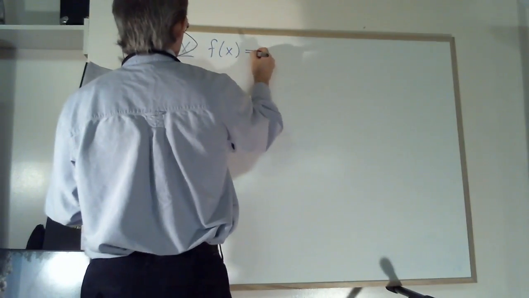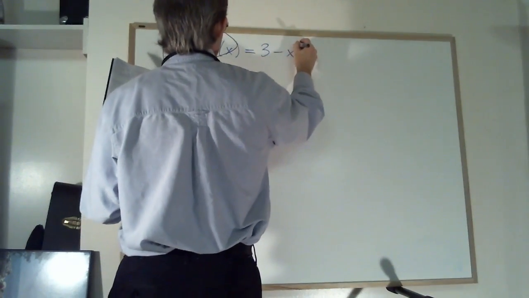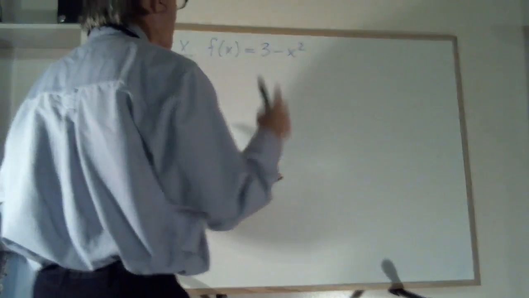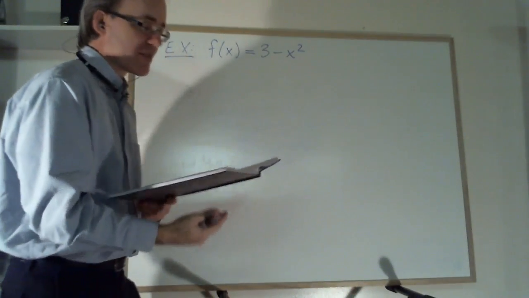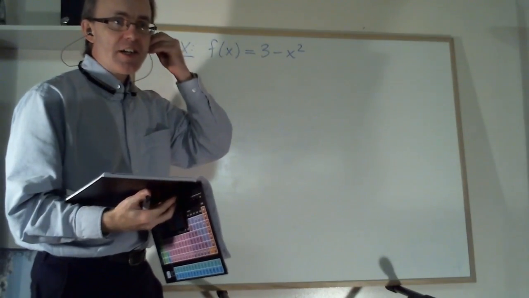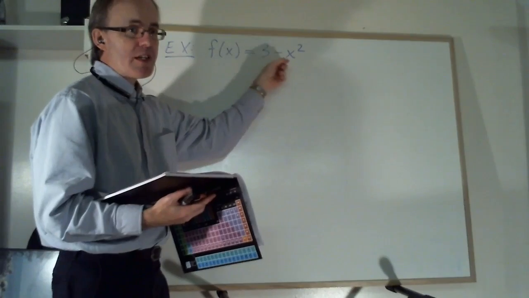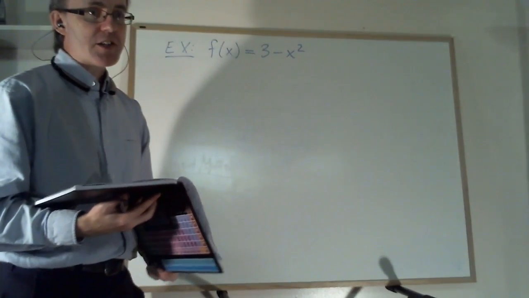So for example, function f of x is equal to 3 minus x squared. Okay, so what this means, it's important to understand what this whole thing means, because we're going to be using this a lot in this class.